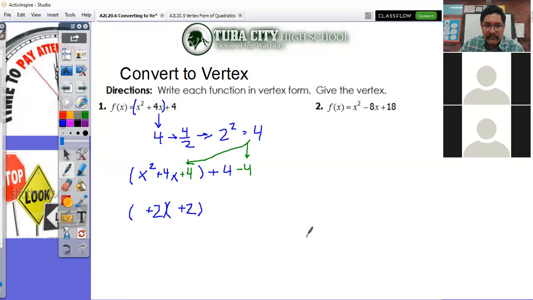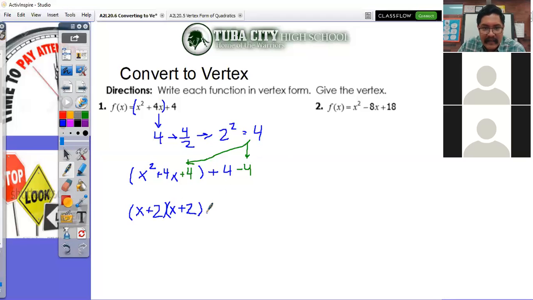So plus 2, and for the F in LOIF, F is for first, so we look at the first number and think, what 2 numbers can I multiply to get x squared, which in this case, there's no a value. So the only way to get x squared is to multiply x times x.